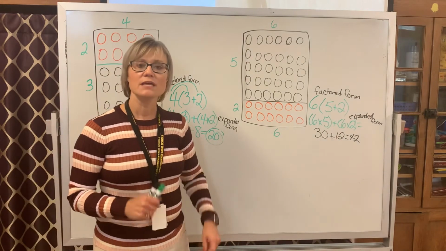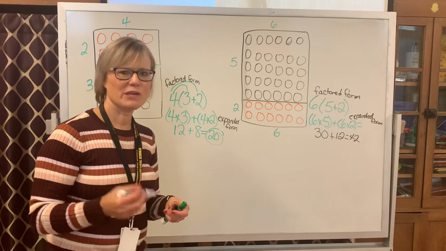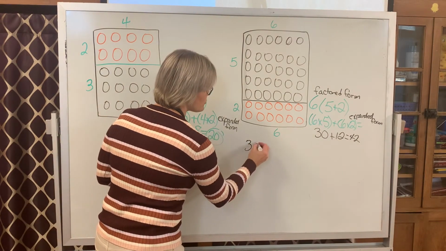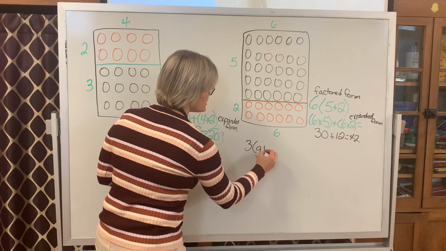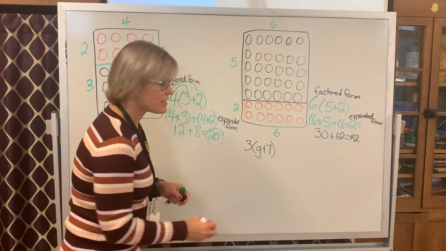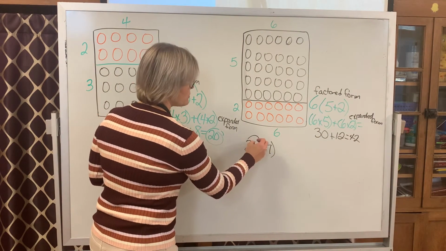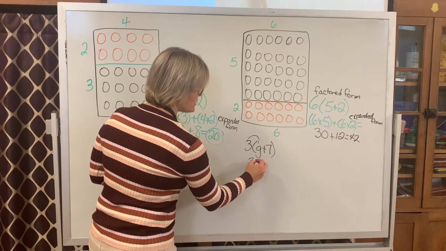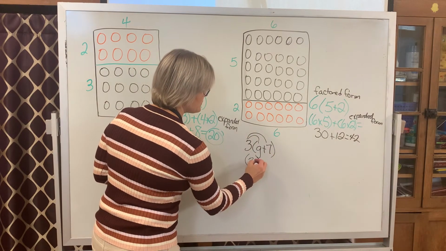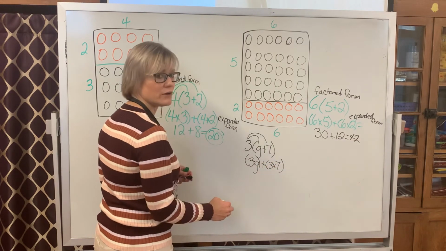All right? And sometimes you'll find that there's an unknown, and let me go ahead and do a problem really quick. So if you see something like 3 times g plus 7, when you put those factors back in, you're going to distribute it to the g, so that's going to be 3 times g, plus 3 times 7, all right?